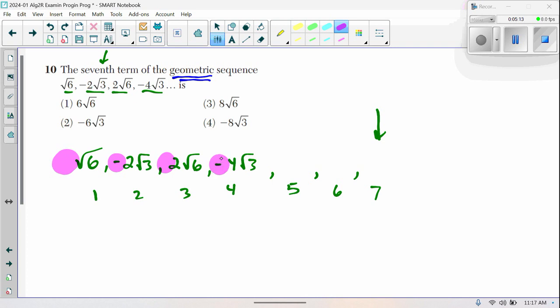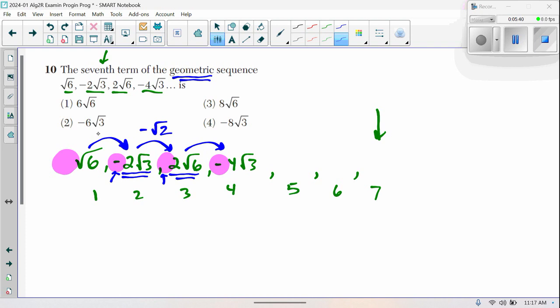So whatever my common factor is, whatever it is that I'm multiplying to get from the first to the next, it's going to be negative because the sign keeps flipping. I think the easiest way is, how do I go from 2 radical 3 to 2 radical 6? I multiply it times radical 2. And in fact, it went from negative to positive, so it's going to be negative radical 2.